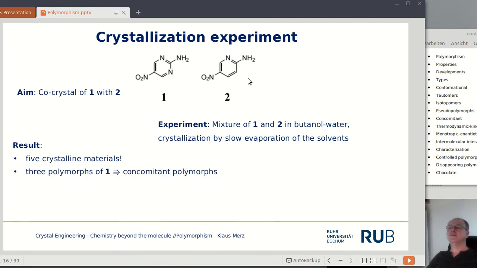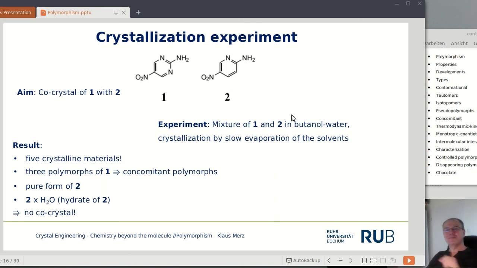You will get three different concomitant polymorphs of form 1, three of this one. You will get the pure form of form 2. You will get a hydrated form of form 2, because this is a mixture with butanol-water. And you will get no co-crystal.